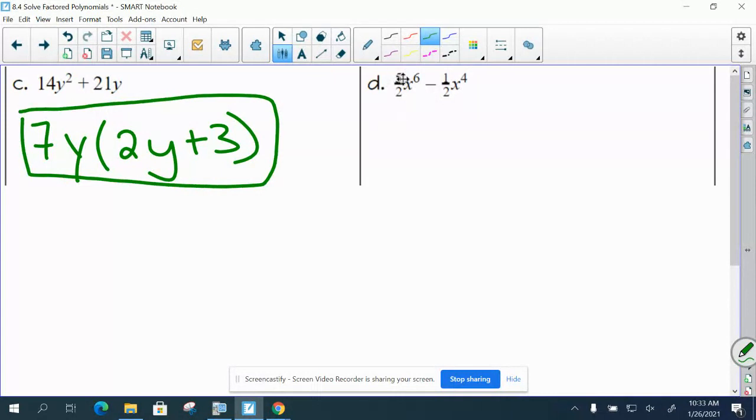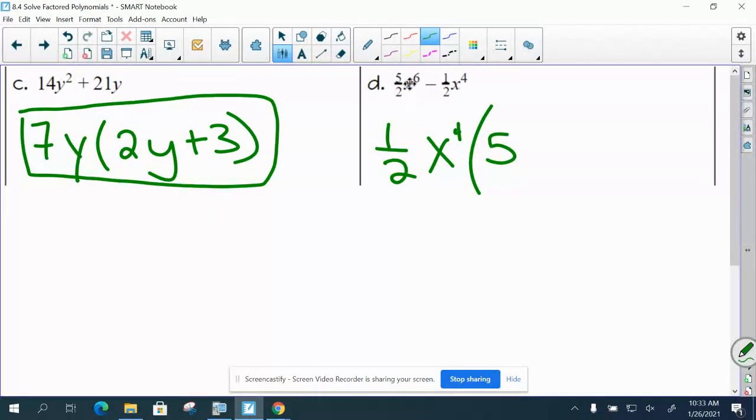All right, here, between 5/2 and 1/2, the greatest common factor would be 1/2. And then between the x's, x to the 6th and x to the 4th, the greatest common amount is x to the 4th. Okay, so think 5/2, and if you pull out the 1/2, think 1/2 times what gives you 5/2, and that would be 5 over 1, or 5.